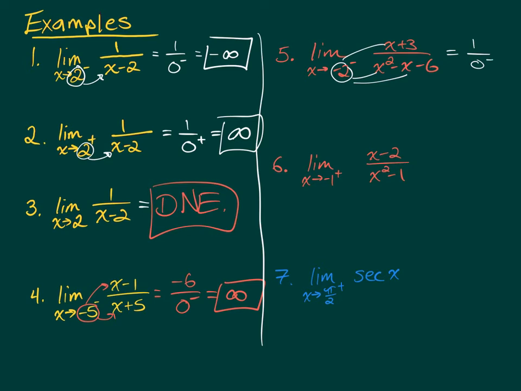So this would be a 0 from the right. So a positive 1 over 0 from the right tells you the limit will approach infinity.